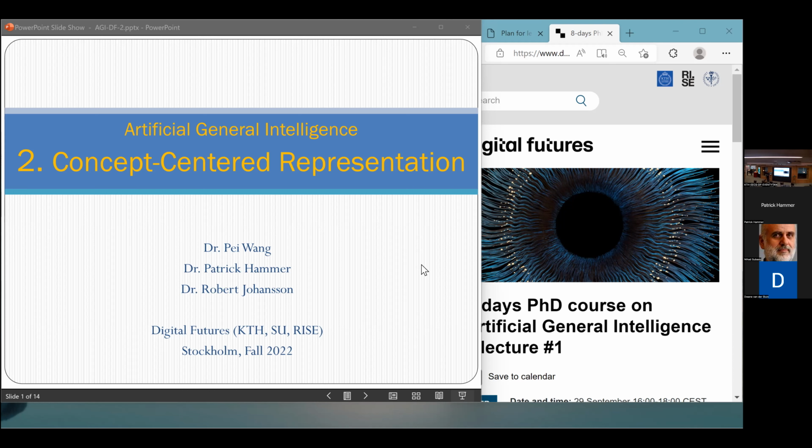So today we will go into design detail. Start from knowledge representation. That's very often where AI system design starts. So what we use is called a concept-centered representation, which I'll explain.